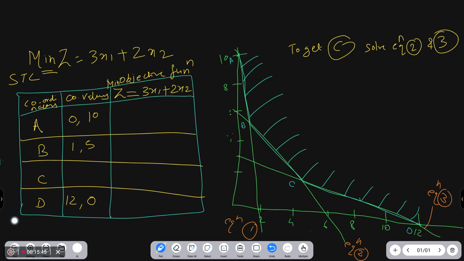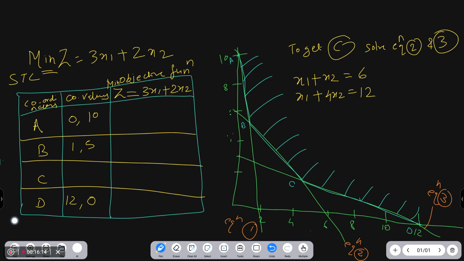What is equation number 2? x1 plus x2 is equal to 6. And what is equation number 3? x1 plus 4x2 is equal to 12. Now again there is no need of any multiplication.